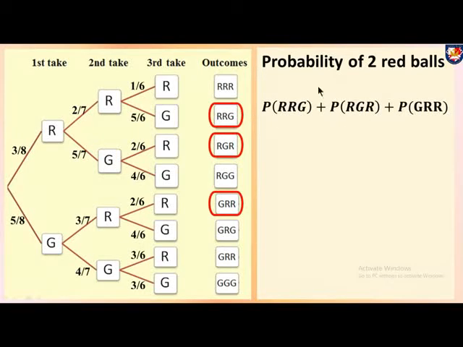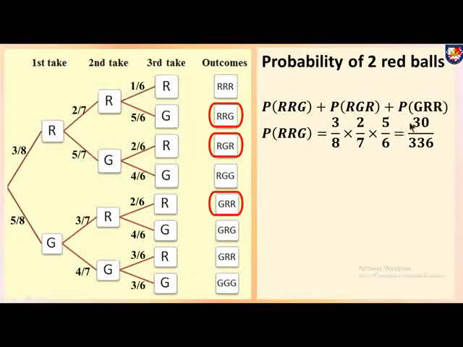Now we're going to find the probability of red, red, green. The probability of this outcome is 3 per 8 times 2 per 7 times 5 per 6. It is equal to 30 per 336.